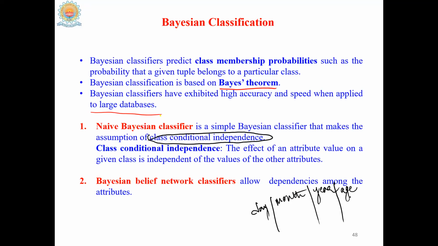So I can say that the fourth attribute, A4, is dependent on A1, A2, and A3, right or wrong? This is your birthday, meaning the date, this is your birth month, and this is your birth year. Can I say that?